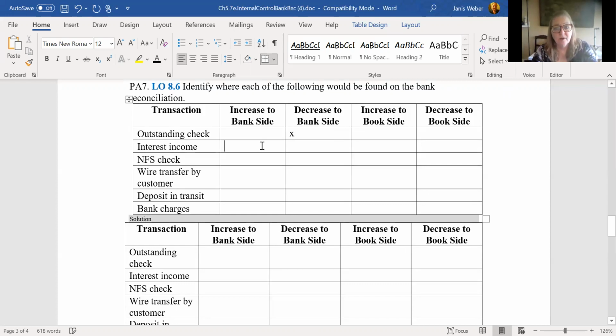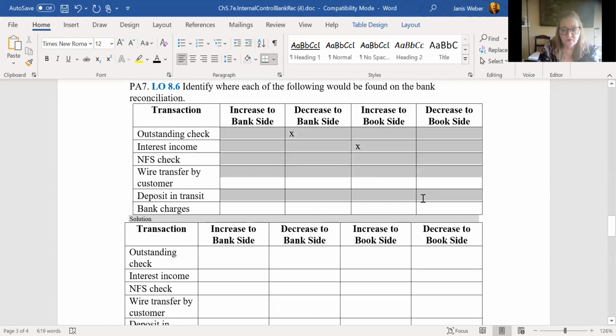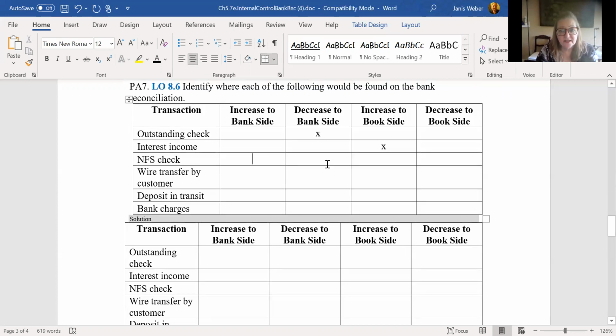And then interest income is an increase to the book side. We make these centered so they will show up in the middle. NSF check is a decrease on the book side.